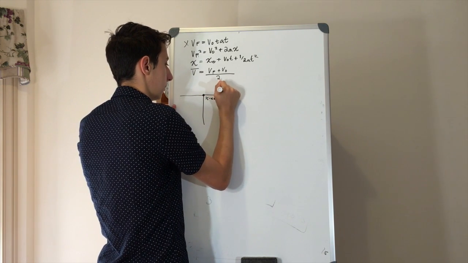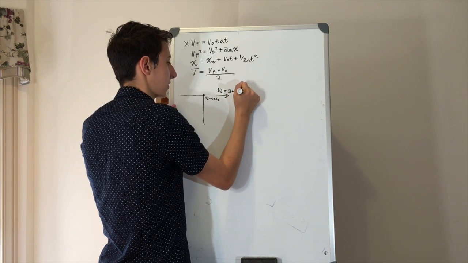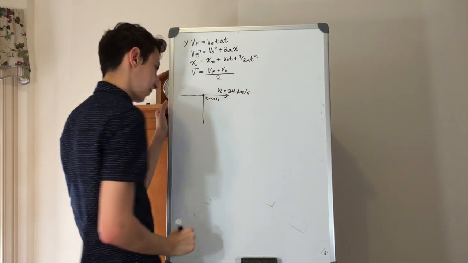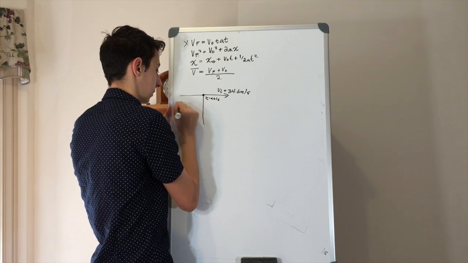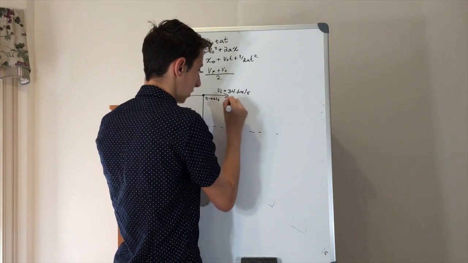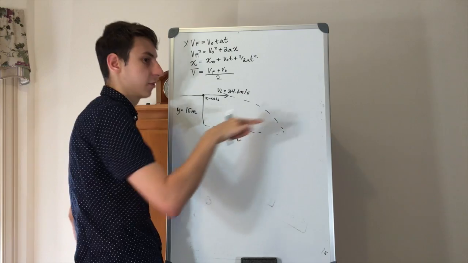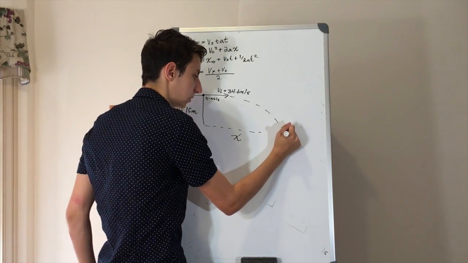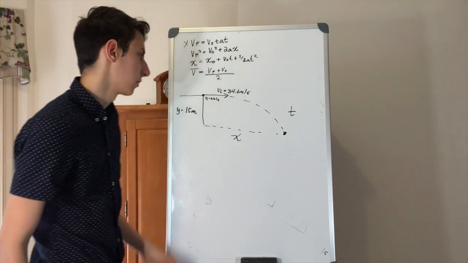At 34.6 meters per second. That's some crazy jaguar. And the cliff is 15 meters high. And what we want to find is the distance in the x direction that it travels upon reaching the ground, and the time for it to reach the ground.